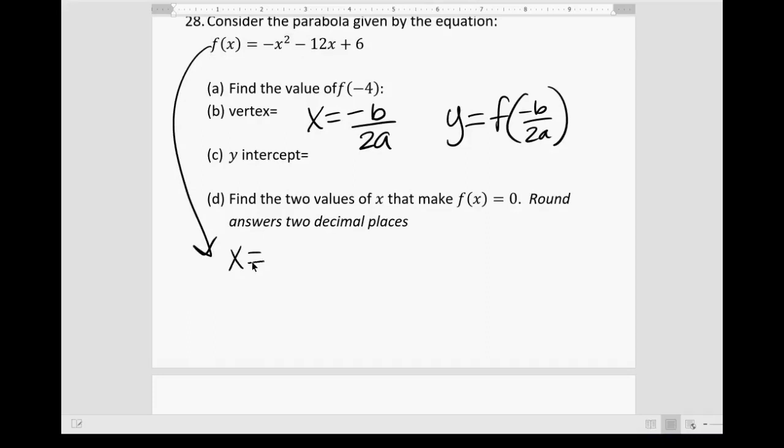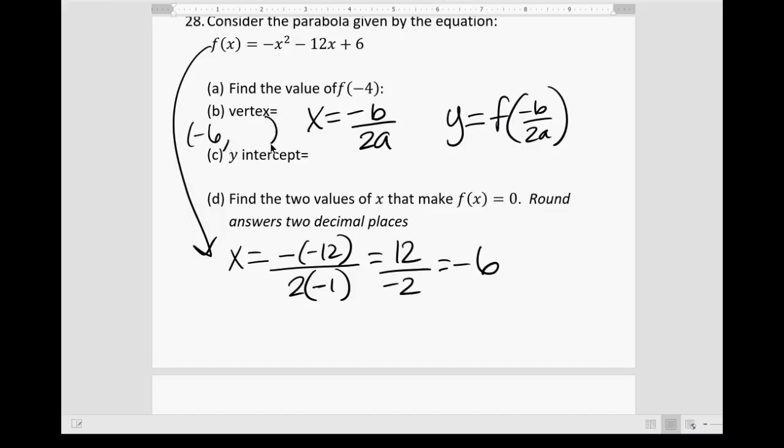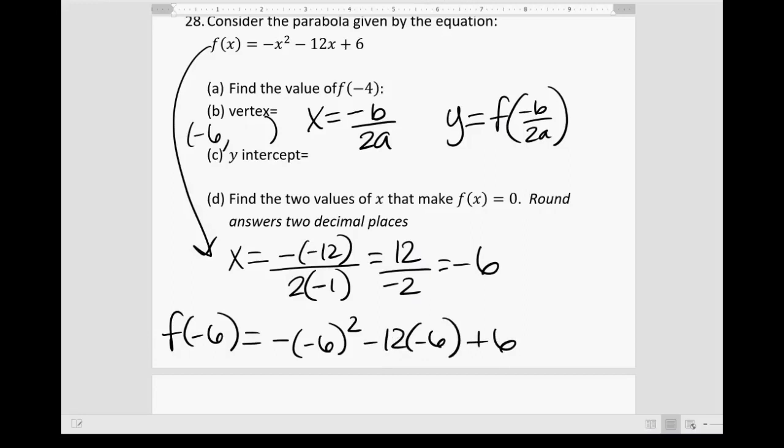So to get the x-coordinate of the vertex, that would be negative b, which is negative 12, over 2 times a, which is negative 1. A negative times a negative is a positive, 12 over negative 2, which equals negative 6. So the vertex would be negative 6, comma, something else. To get that something else, we have to take that negative 6 and plug it into our function. So that's negative times negative 6 squared minus 12 times negative 6 plus 6.